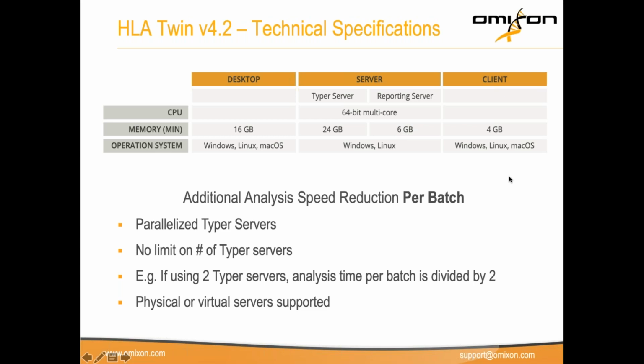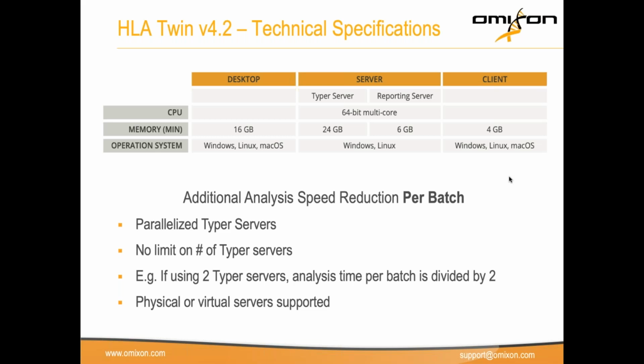Now, we talked a little bit about all of the per sample improvements in terms of the analysis speed that we have done recently, but I also wanted to make sure that everybody is aware of additional methods that one has in order to reduce the analysis time per batch, per run, per group of samples, not per sample individually.